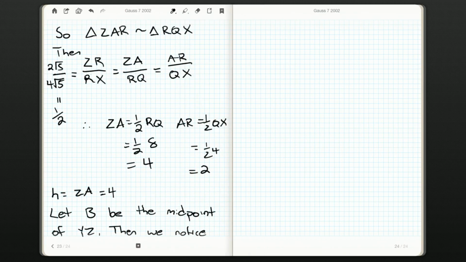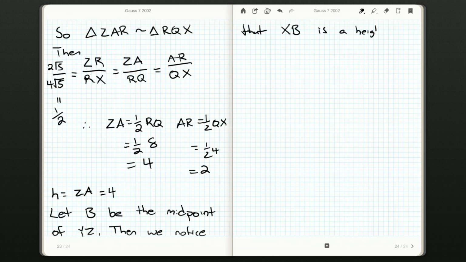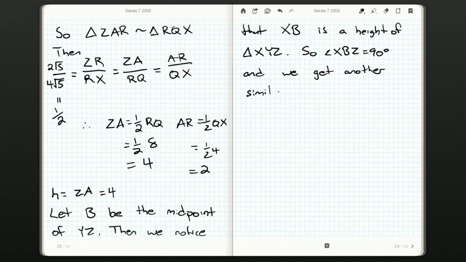We notice that it's actually going to lie directly below H, or sorry, not HX. So that's a height of triangle XYZ. So XBZ, we get another similar triangle.